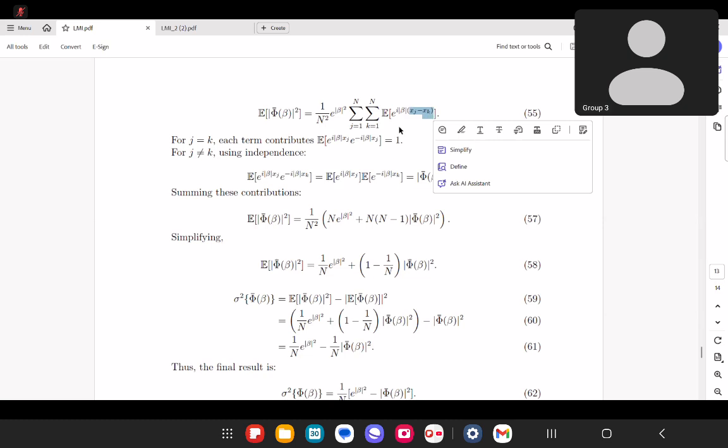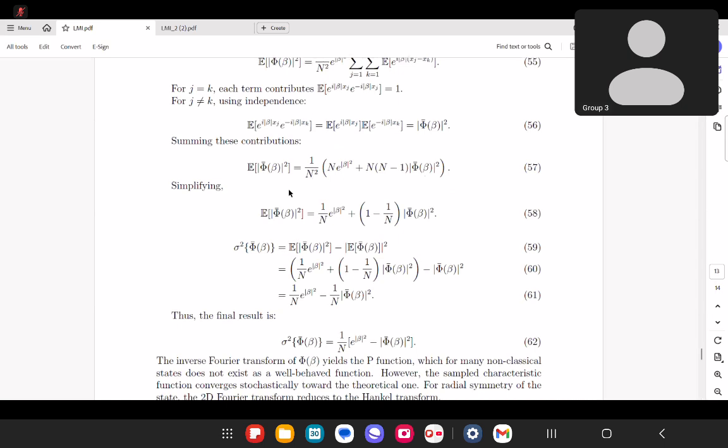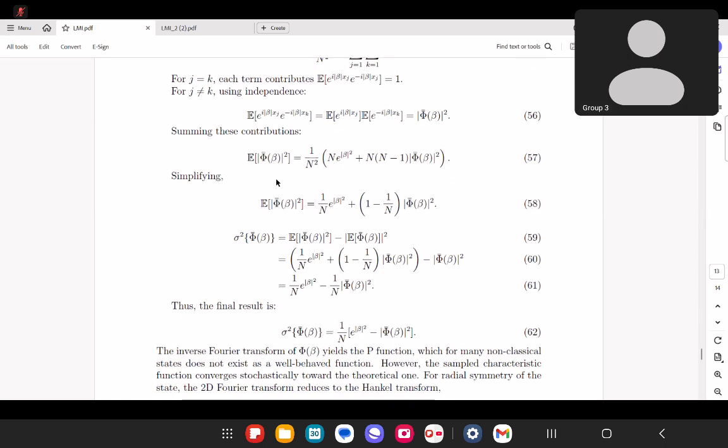If e power mod beta times xj minus xk, it can be shown that this is just phi bar of beta whole square. If we combine both these terms, we get the result that the expectation value of phi bar of beta whole square is this quantity shown here.